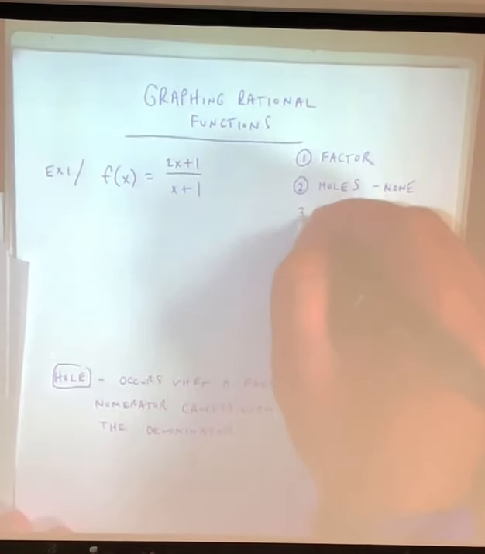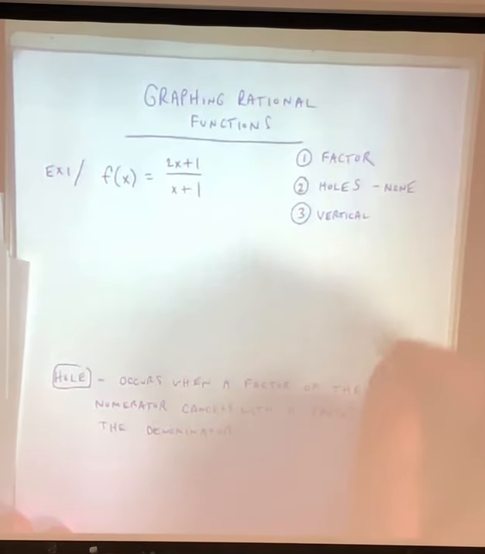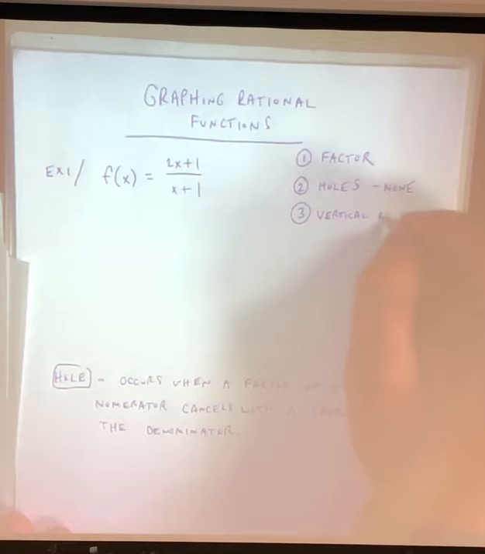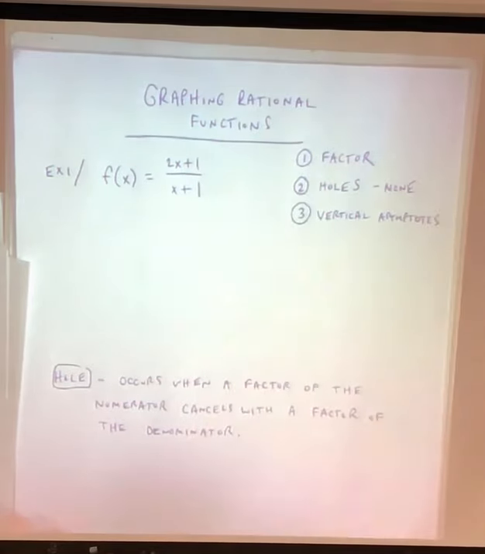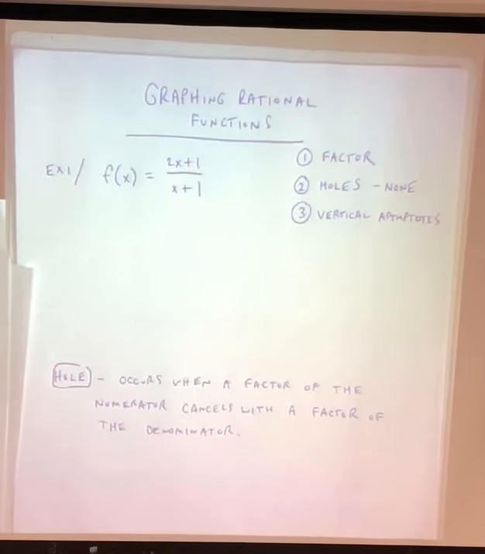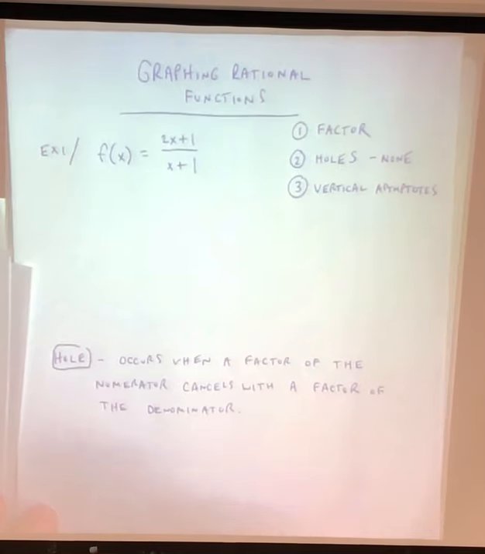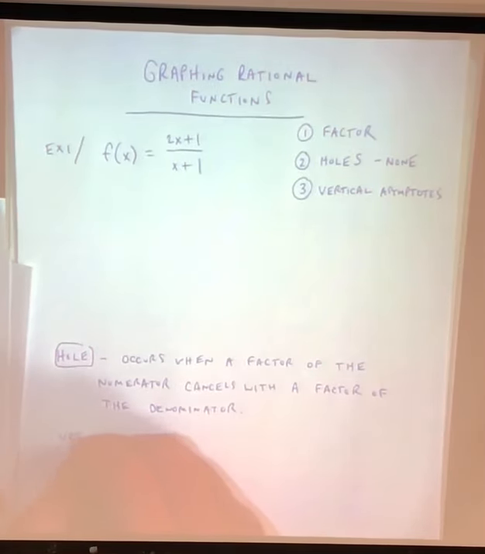The third thing we're going to check is, are there any vertical asymptotes? The way that we check for a vertical asymptote is we are going to set the denominator equal to 0.